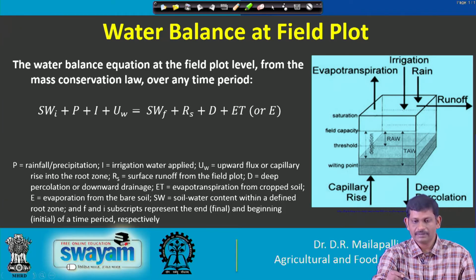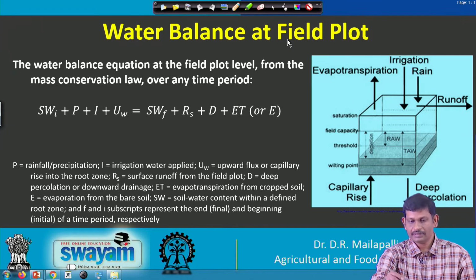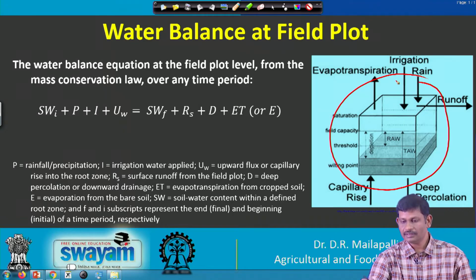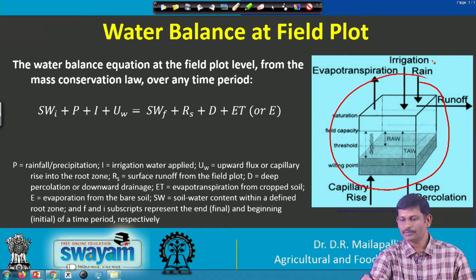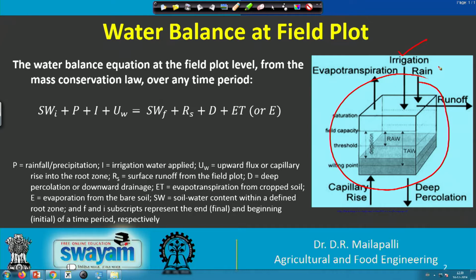If you see here, for example, this is the field unit, the part of the field. At the top, the amount of water which is input to the agricultural field could be irrigation or rain as effective precipitation going into the soil.